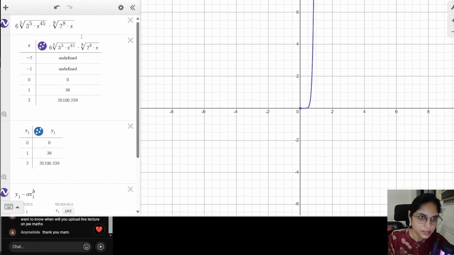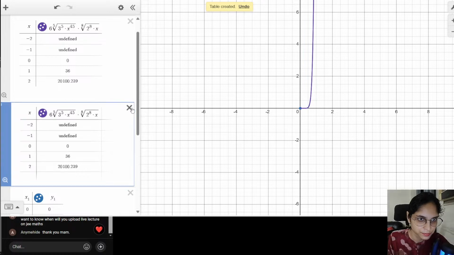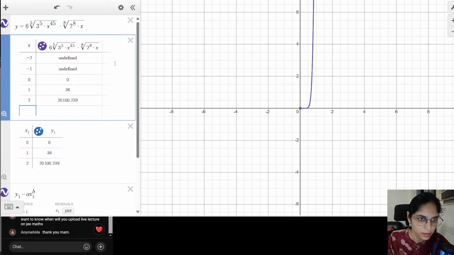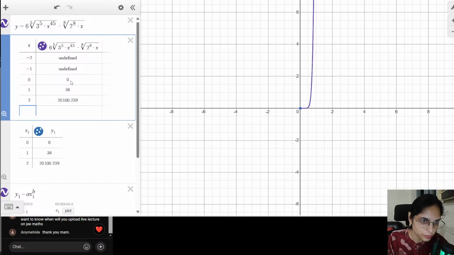Got it? So because you have this, you just write y is equal to, and then create a table. You make one more table like for x1, y1. You write the x values over here, which are defined, y values over here.